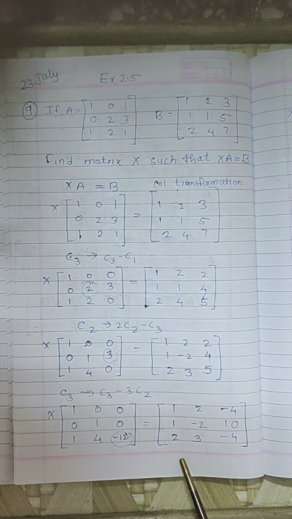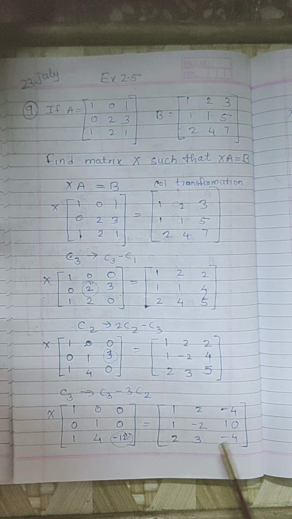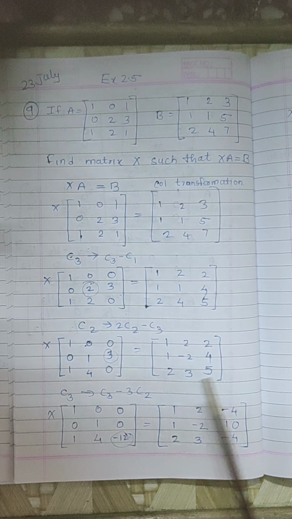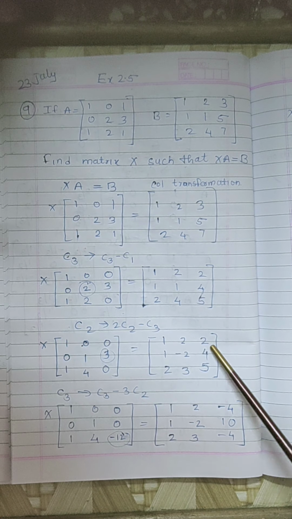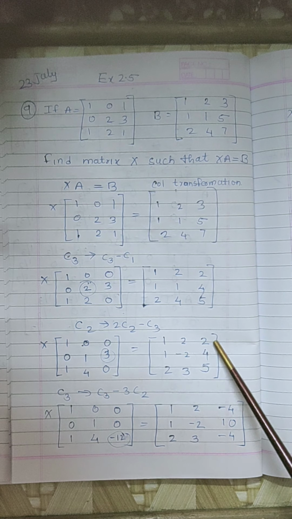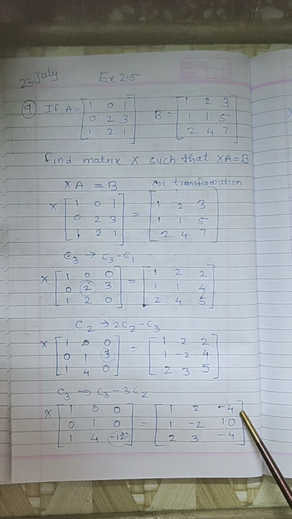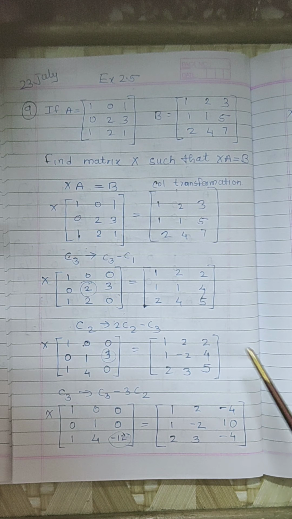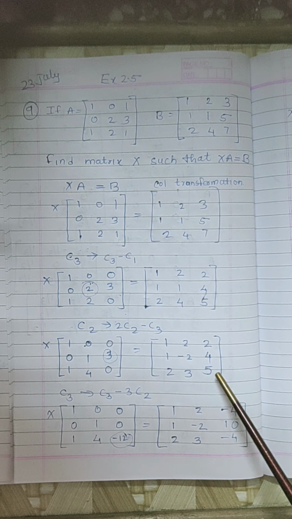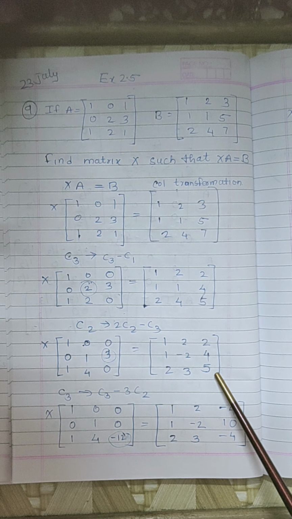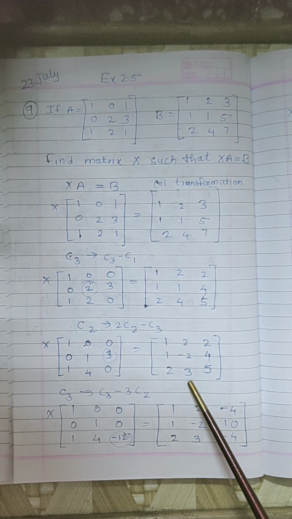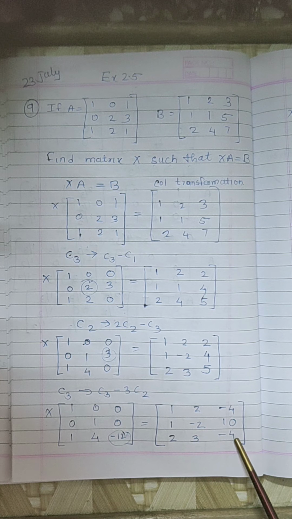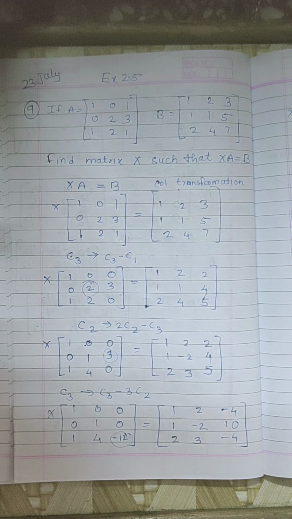First two columns as it is, and C3 minus 3C2: 2 minus 3 into 2 is minus 4. Then 4 minus 3 into 2 is 10 and 5 minus 3 into 2 is minus 4.